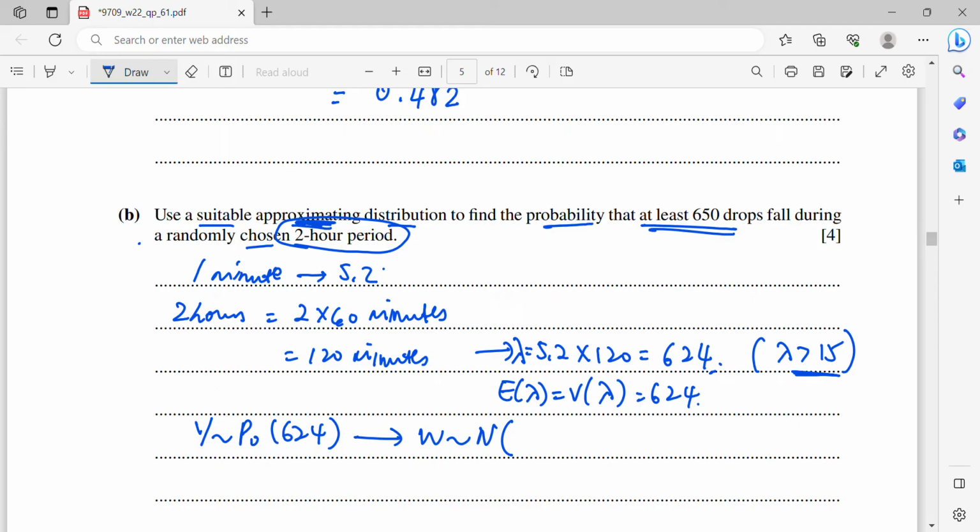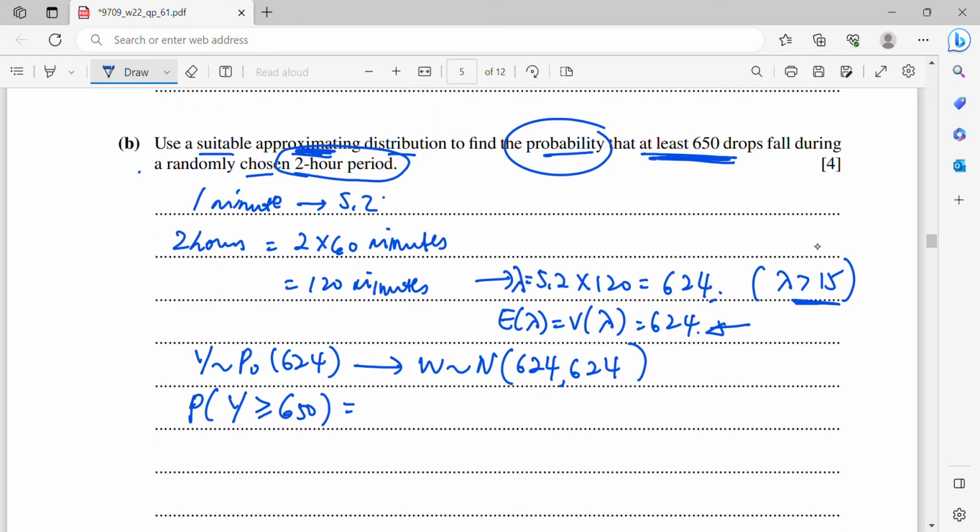The mean will be the same as the mean from the Poisson, 624, and the variance is also 624. Now you need to find the probability that at least 650 drops fall. So P(Y ≥ 650). Remember, initially it was Poisson, now you approximate it using normal.